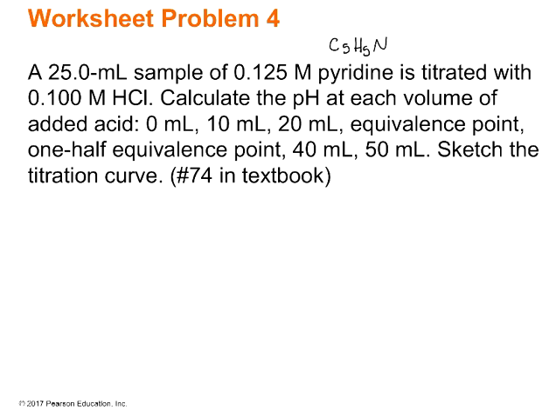So this has a nitrogen in its chemical formula, and remember, nitrogens have a little lone pair on them if they're not positively charged. That lone pair can grab onto a hydrogen from an acid. So we're going to use hydrochloric acid, which is a strong acid, to titrate with this weak base, pyridine.